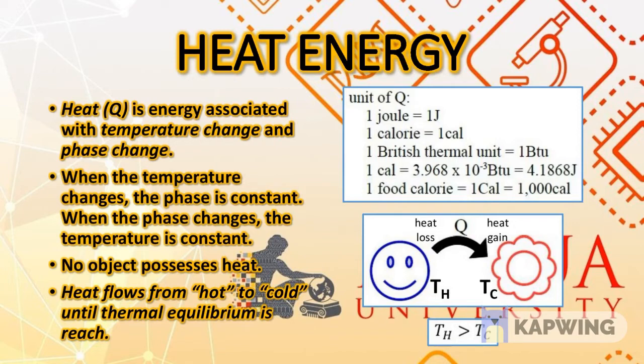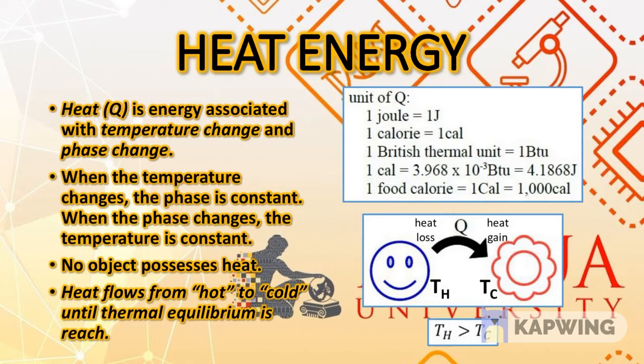Normally, heat flows from hot to cold, from an object of higher temperature to an object of lower temperature. As you can see in the figure, you have object 1, smiley face, and object 2, flower. The heat, capital Q, is flowing from object 1 to object 2, from temperature TH to temperature TC, where TH is greater than TC.